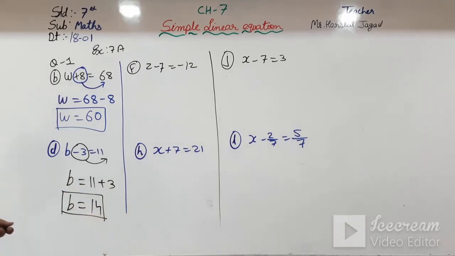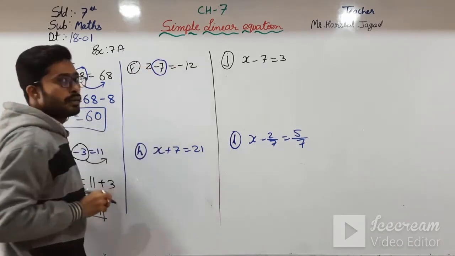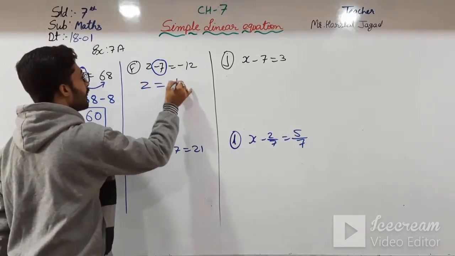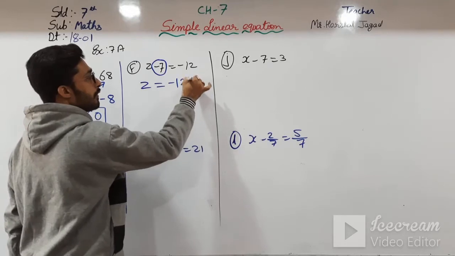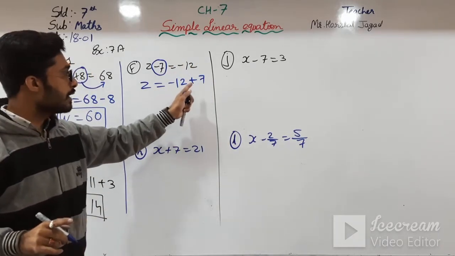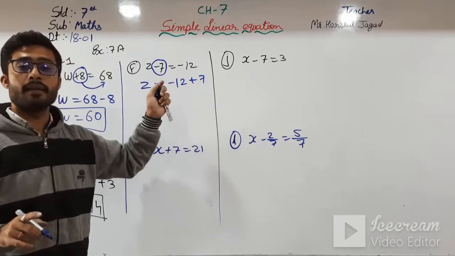Okay. Now moving further to F. Here also you can see it is subtraction. So it will be Z is equal to minus 12 plus 7. And here you can see, here it is minus and here it is plus. So minus plus, that is minus.